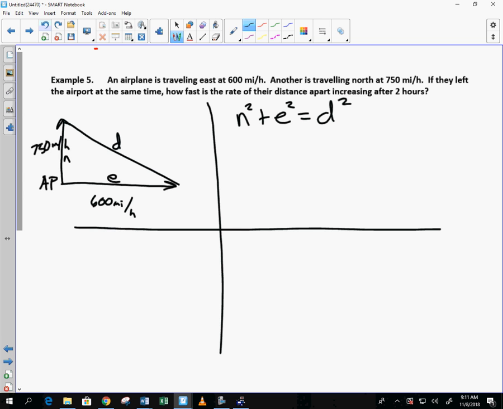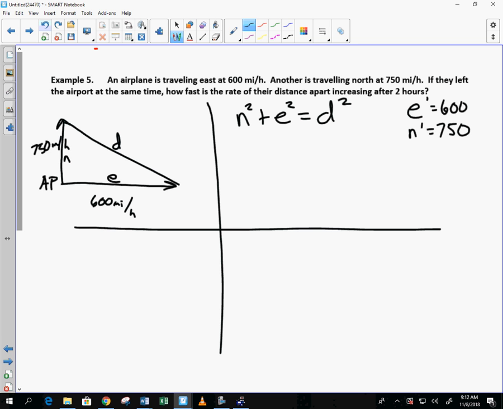What do I currently know? I don't know E. I know E prime. What is E prime? 600. What is N prime? 750. Because we're given the rate, we're given the velocity, we're not given the actual distance.